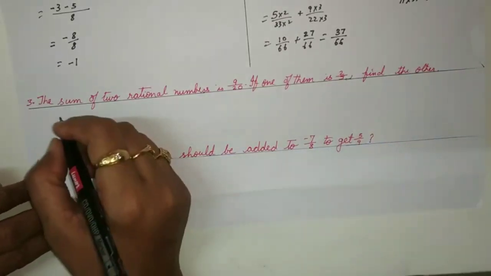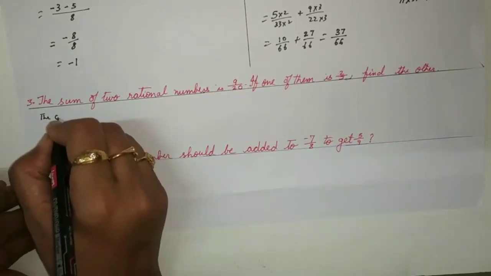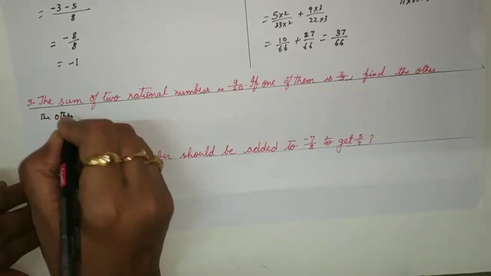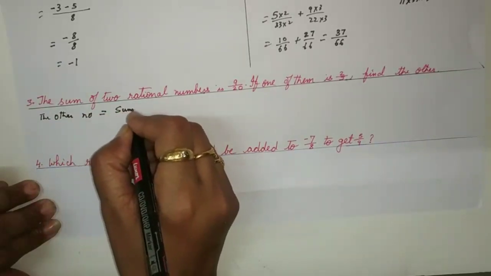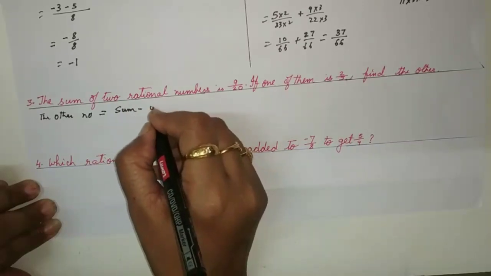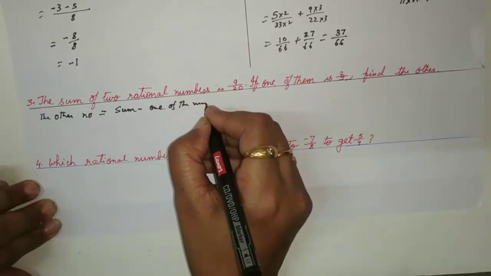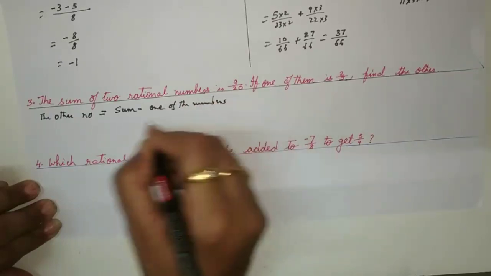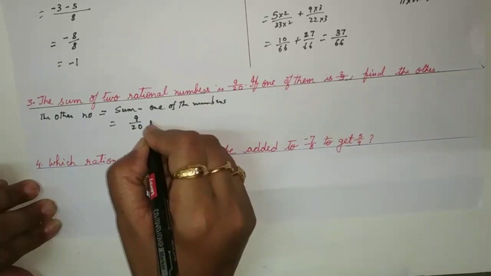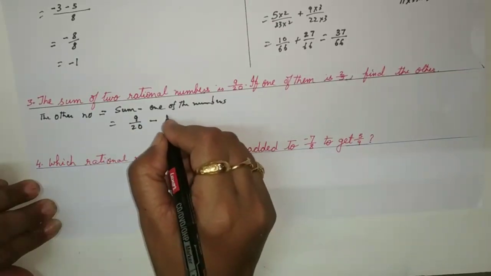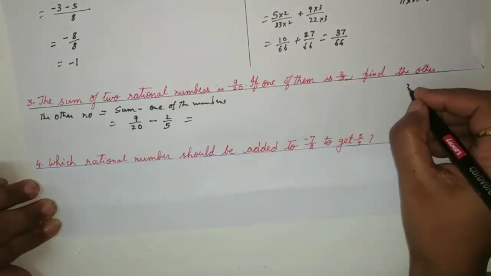So, you all know the rule, the other number is equal to the sum minus one of the numbers. So that is equal to 9 by 20 minus 2 by 5. What is the LCM of 20 and 5?